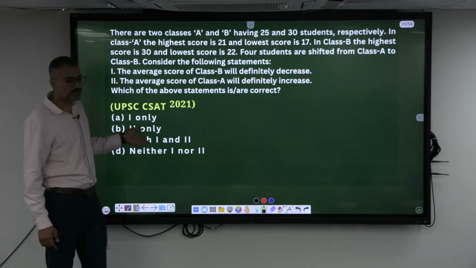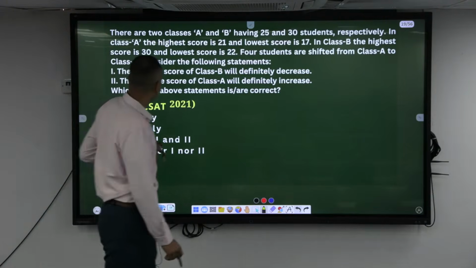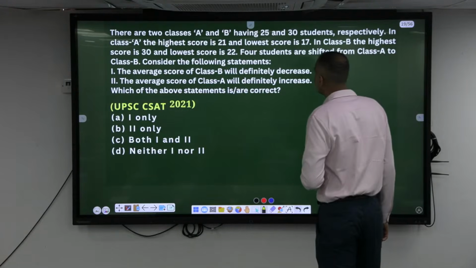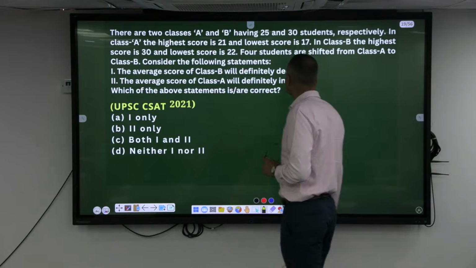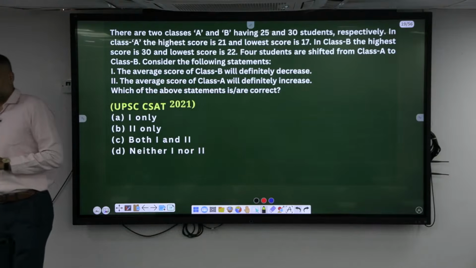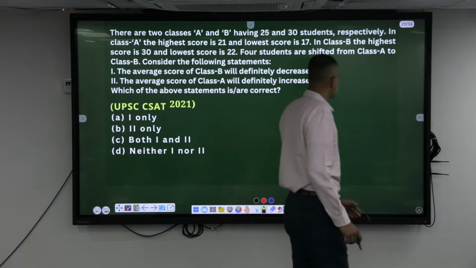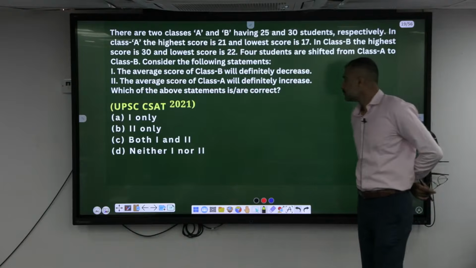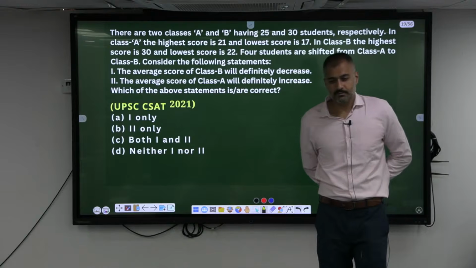Okay, appropriate answer, you find it out there. There are 2 classrooms, A and B, having 25 and 30 students respectively. Come on, an observation has been asked. So observe carefully.